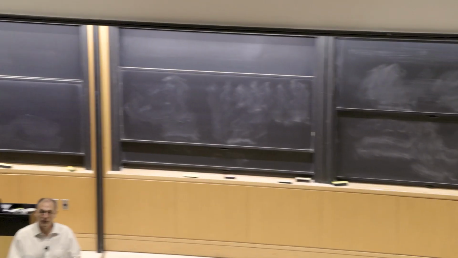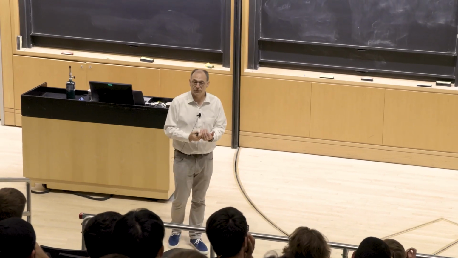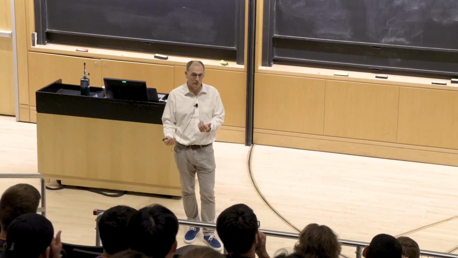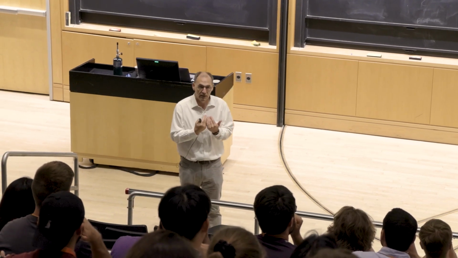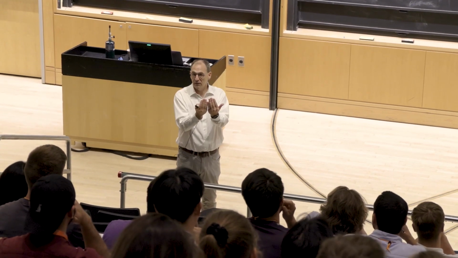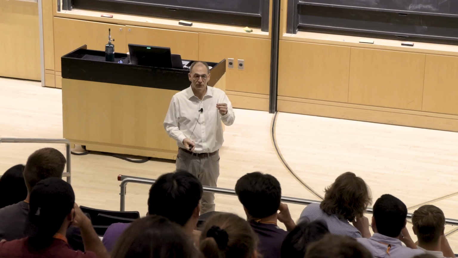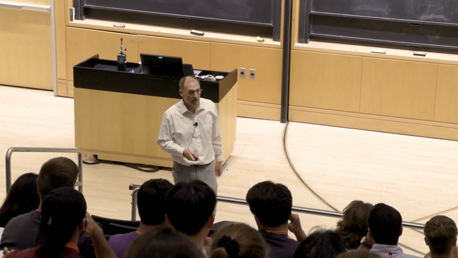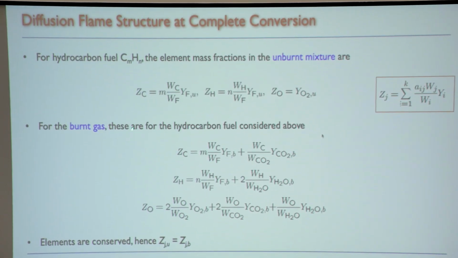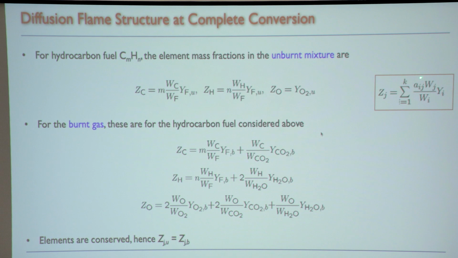Before it burns, I have carbon, hydrogen, and oxygen, depending on mixture fraction. After it burned, I have the same number of, let's say, hydrogen atoms, but now they're in water and not in the fuel. So that's what we do here. We define the element mass fraction.